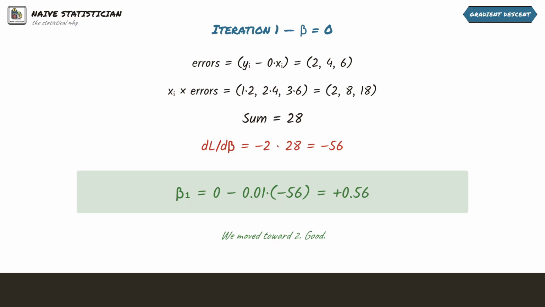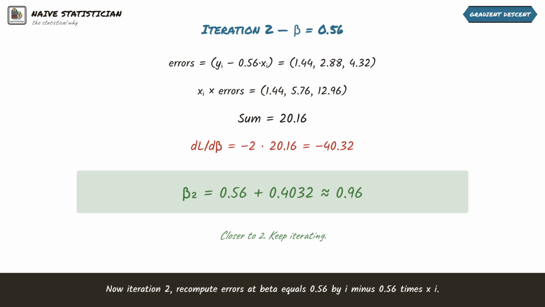Now iteration 2. Recompute errors at beta equals 0.56. yi minus 0.56 times xi. For x equals 1, 2 minus 0.56, 1.44. For x equals 2, 4 minus 1.12, 2.88. For x equals 3, 6 minus 1.68, 4.32.